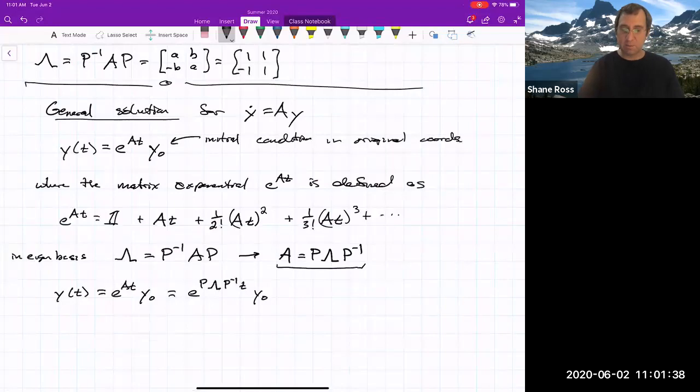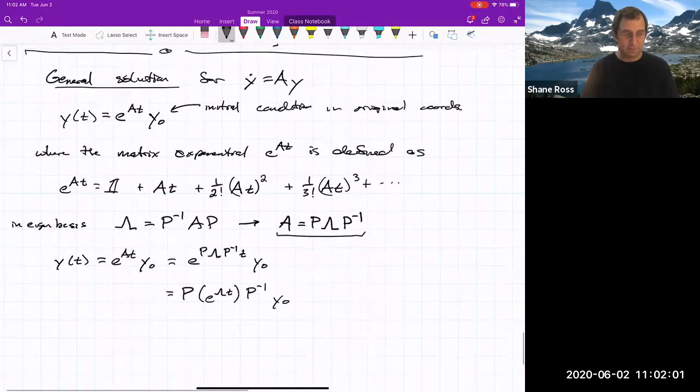And now this is a property of the matrix exponential. If you have e raised to P, some matrix, P inverse, the P and the P inverse get pulled out. And so we're left with that. So that's just a property of the matrix exponential that I'm not going to prove to you.